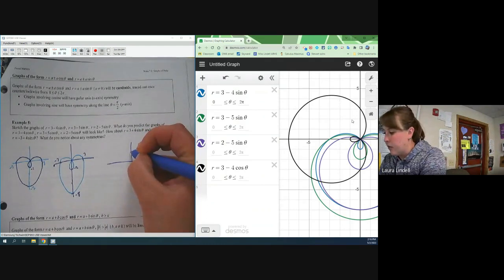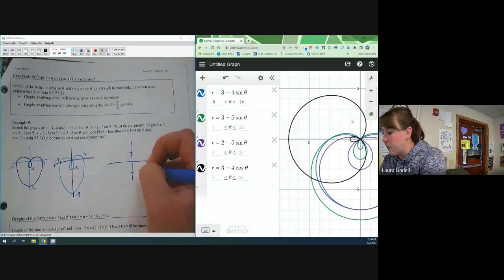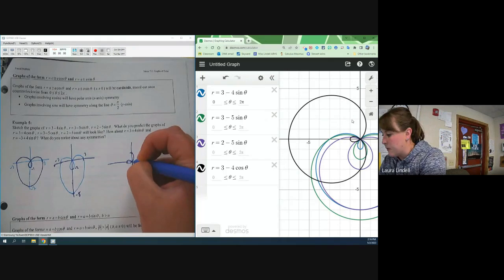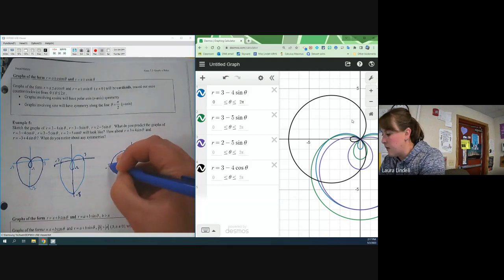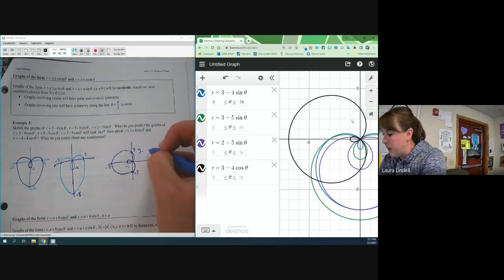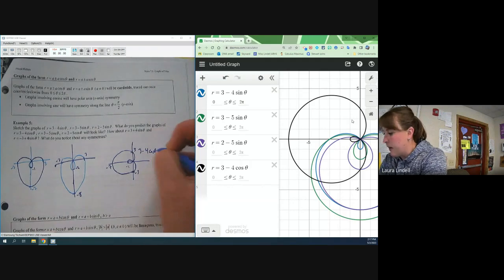If we did 3 minus 4 cosine theta, we know it looks something like this. 3 minus 4 cosine theta.